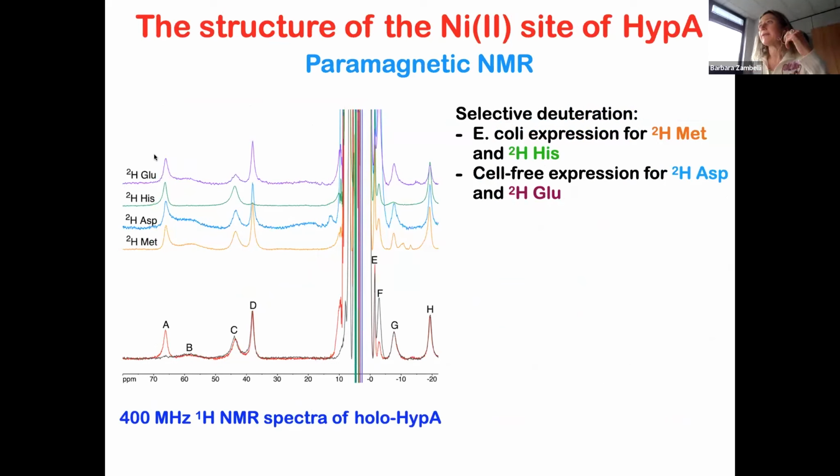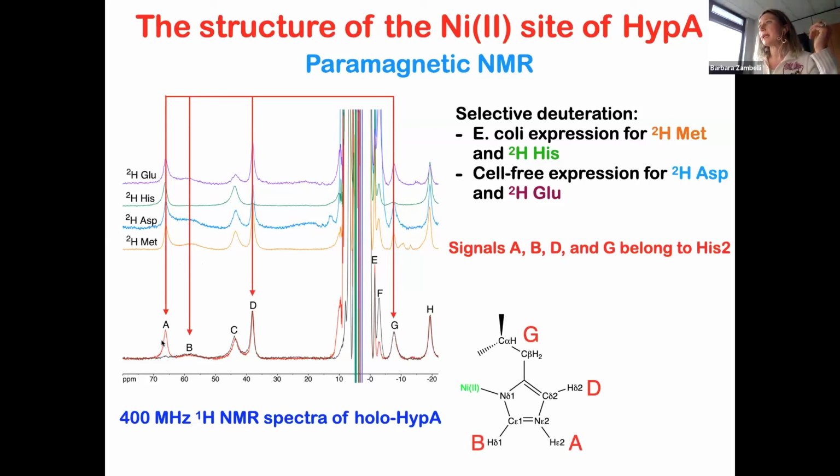And by selective deuteration of specific residues, we could identify which atoms are really bound to the nickel site. In particular, we obtained deuterated methionine and histidine proteins by E. coli expression, while for aspartate and glutamate, we needed to use cell-free expression, a new cell-free expression protocol.